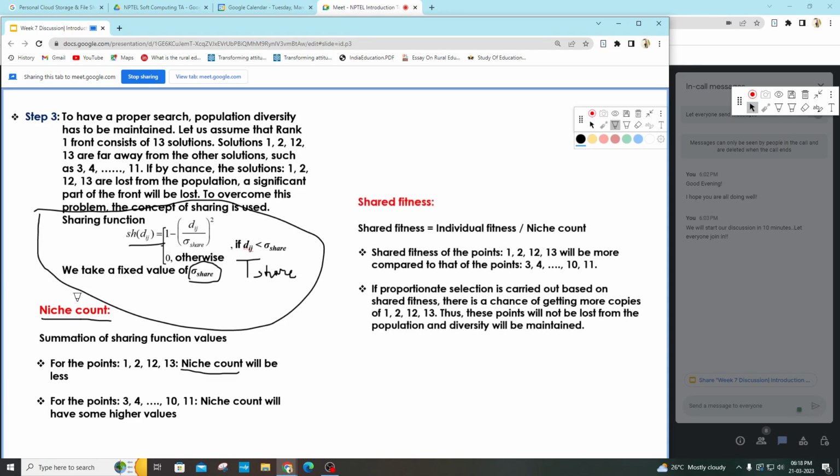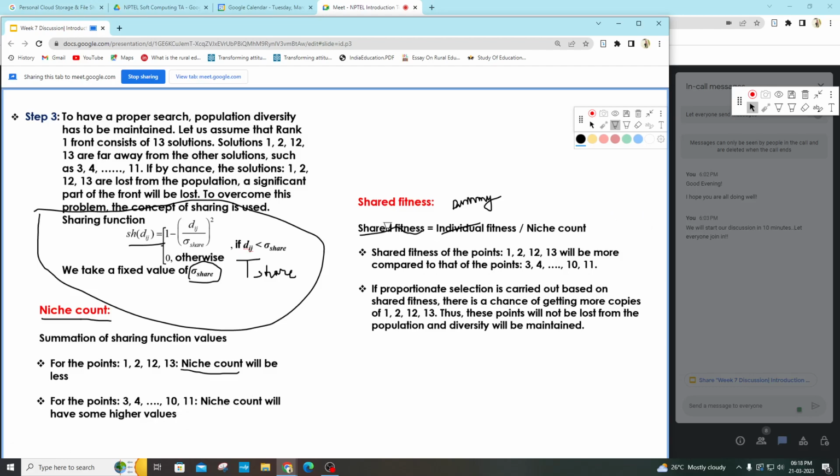After we find the niche count, we find the shared fitness. Shared fitness is individual fitness divided by niche count. Individual fitness is also called dummy fitness. So, dummy fitness divided by niche count. We just found that the niche count of points 3, 4, 10 and 11 will have higher values.